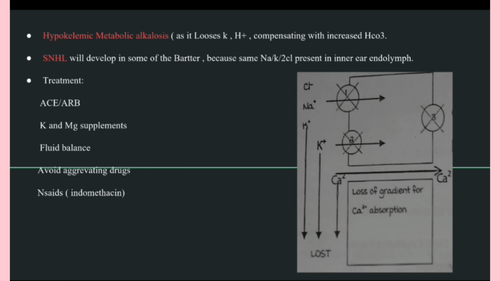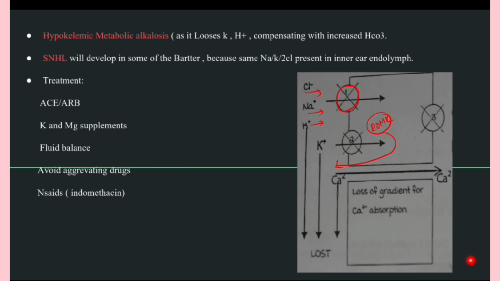If we see here, this is the channel of sodium potassium 2 chloride. Usually the function of the sodium potassium 2 chloride transporter is to reabsorb sodium, potassium, and chloride through this channel into the cell and into the blood. And there is one more channel called ROMK, the renal outer medullary potassium channel. The function of this channel is to push back the potassium that is reabsorbed through the sodium potassium chloride channel.